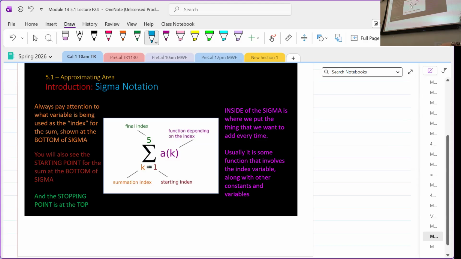Usually you pick 1, but sometimes you can pick 0. The final index is how many times you're going to do the formula. And then a of k says a function depending on the index. So this is written in terms of k.